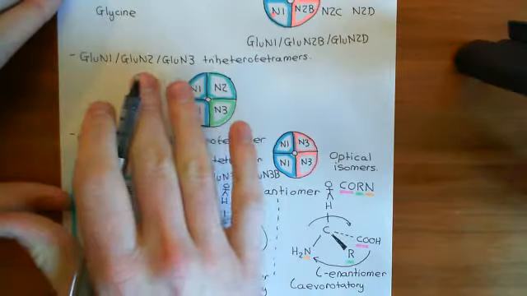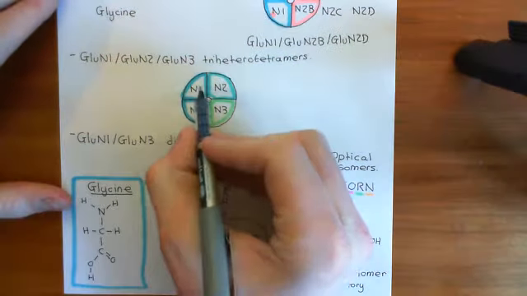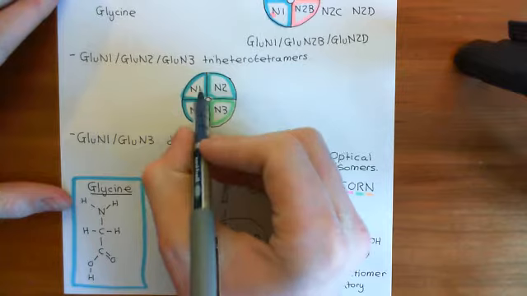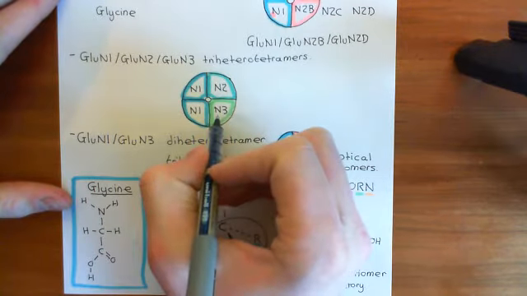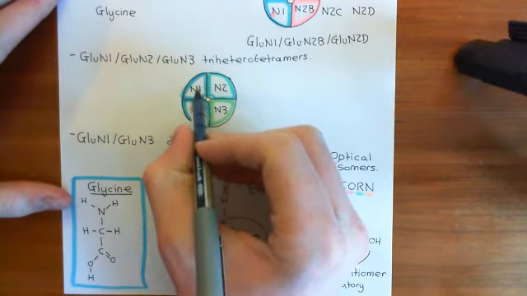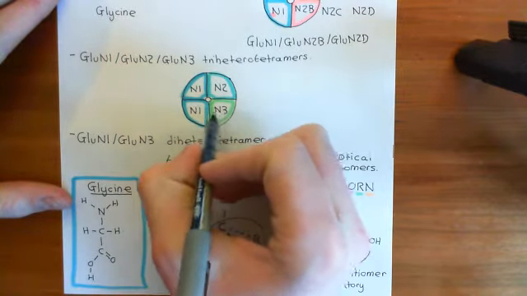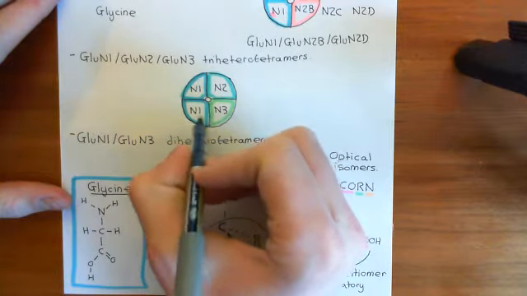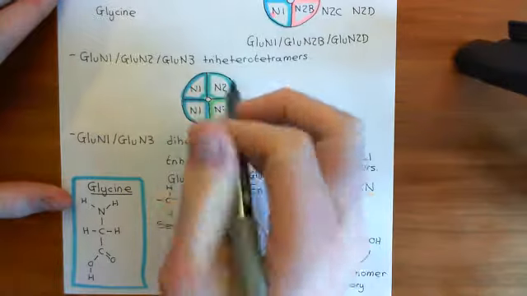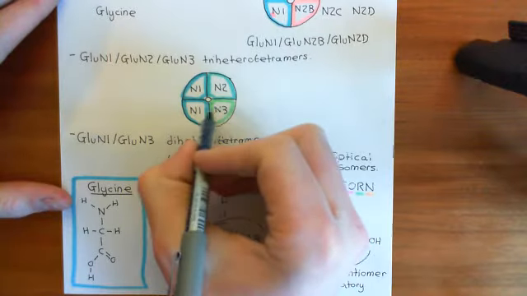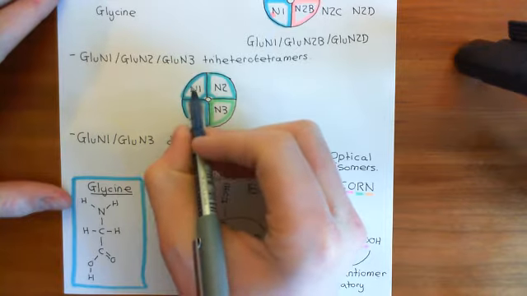Going to the GluN1, GluN2, GluN3 triheterotetramers, which are NMDA receptors where you have two GluN1 subunits and then a GluN2 subunit and a GluN3 subunit. This time, both the GluN1 subunits and the GluN3 subunit, all three of those are going to require glycine bound to them, or D-serine, but we'll forget about D-serine because that's not going to be present in any decent amount, so we'll have glycine, okay?